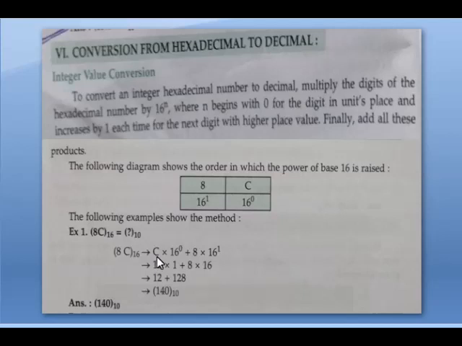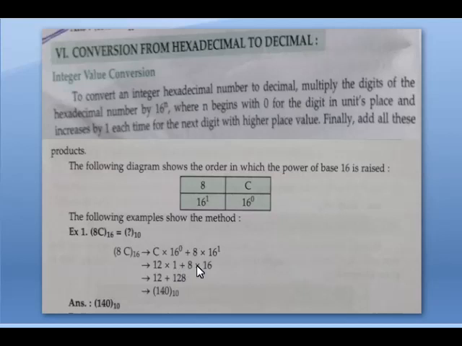In hexadecimal, C means 12. 10 means A, 11 means B, and 12 means C. So the equivalent decimal value we have to write is 12 into 16 power 0. Any number to the power 0 is 1.